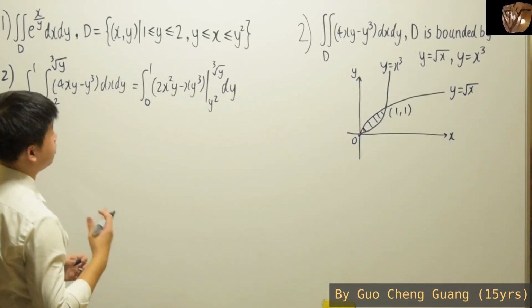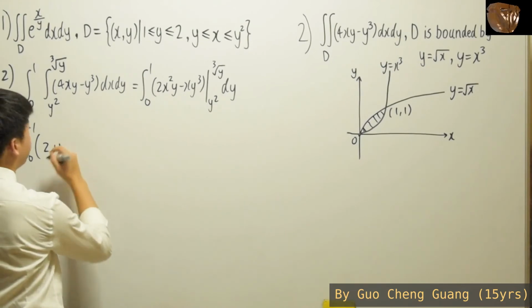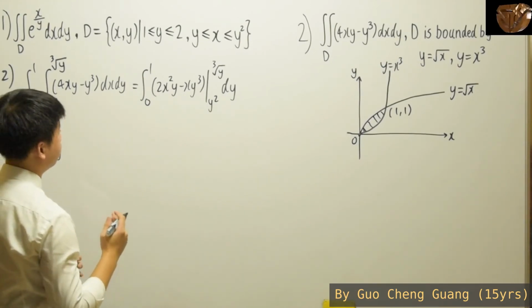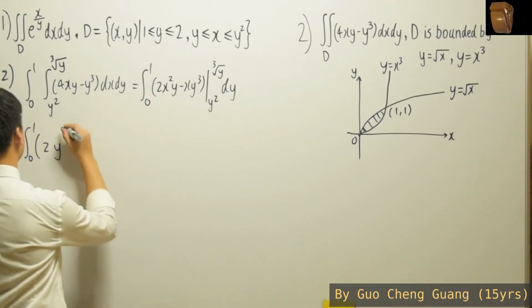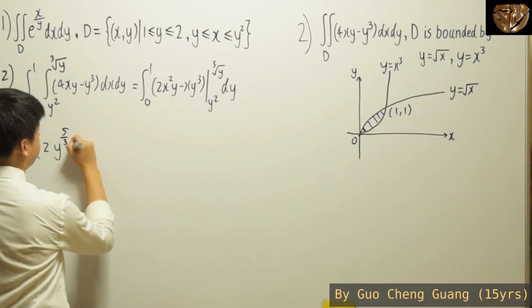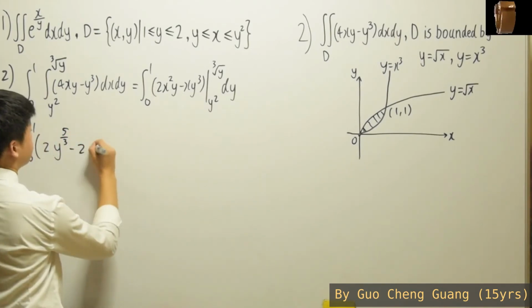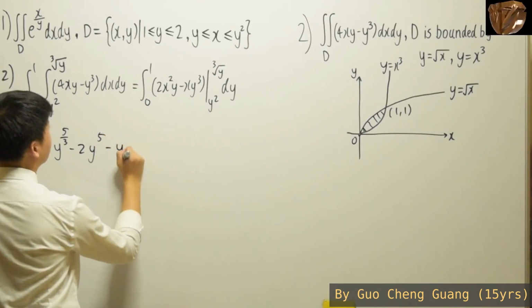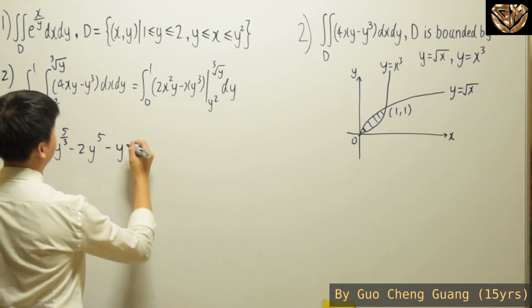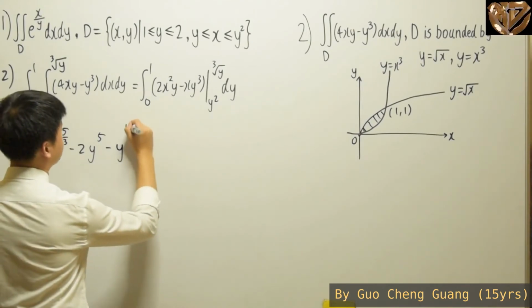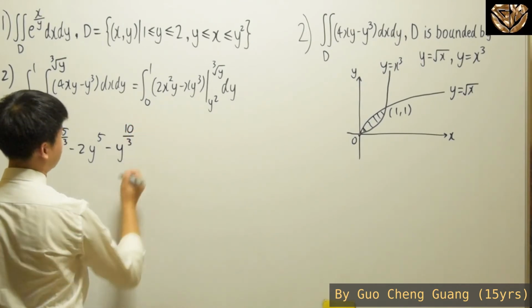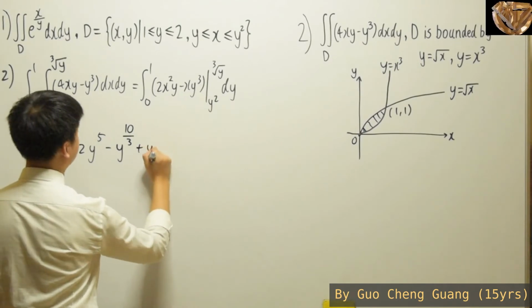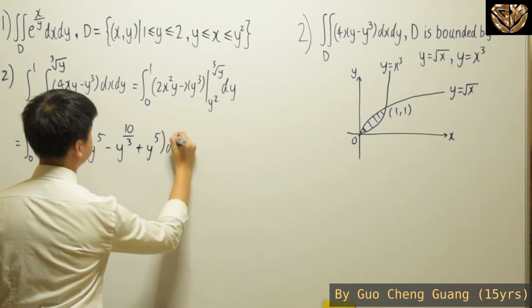When you substitute in cubic root y, you're going to have y to the power of 2 over 3. So 2 over 3 makes that 5 over 3, and then minus 2y to the power of 5, and then minus y to the power of 10 over 3, and then plus y to the power of 5.